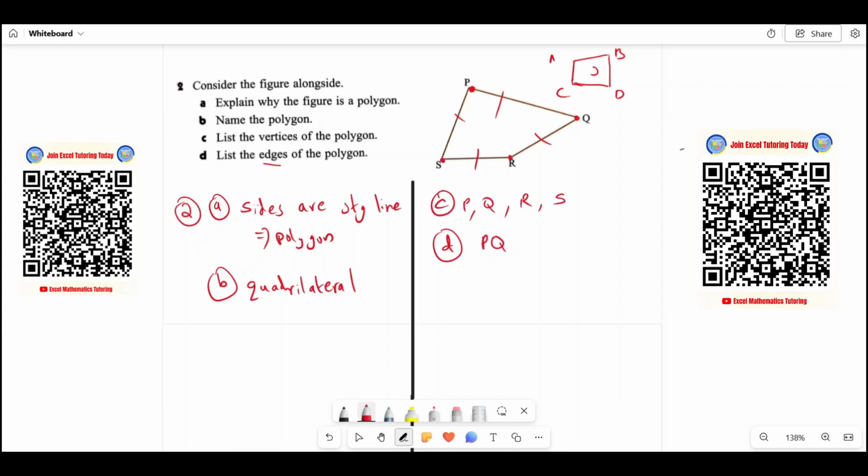The first edge is PQ, and we will go in a clockwise direction: PQ, then starting with Q, the next side QR, then RS, then the next one, SP. These are the edges of this polygon. And now moving on to the next question.